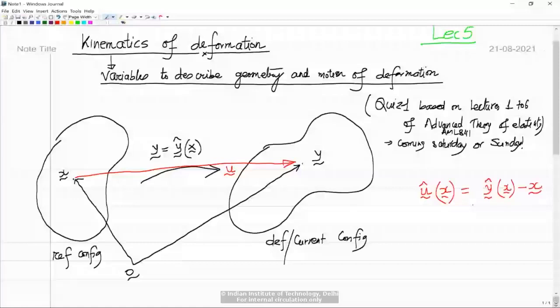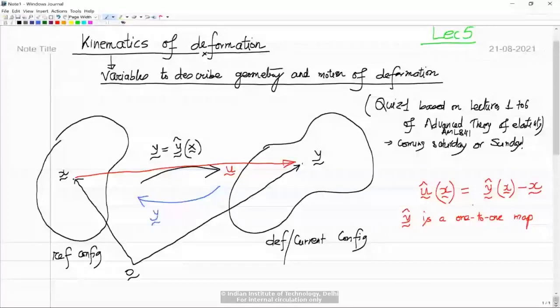And then we also saw that this is a one-to-one map. This y hat is a one-to-one map to every particle in the reference configuration. There is a unique position in the deformed configuration. Okay. So therefore, we can also think of an inverse function, which goes opposite way, like this, and that we denoted by y inverse, no?